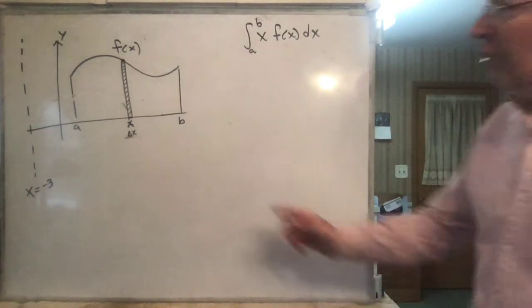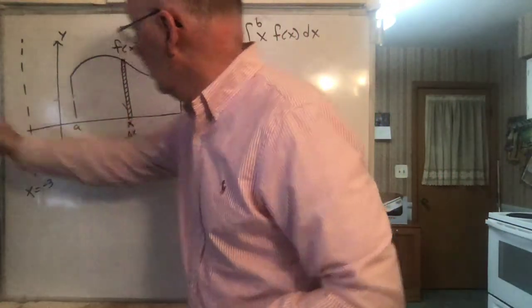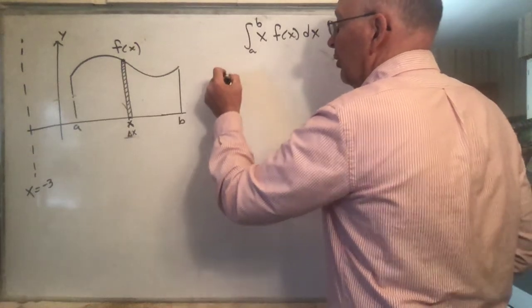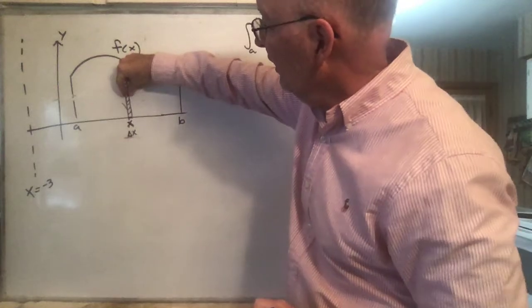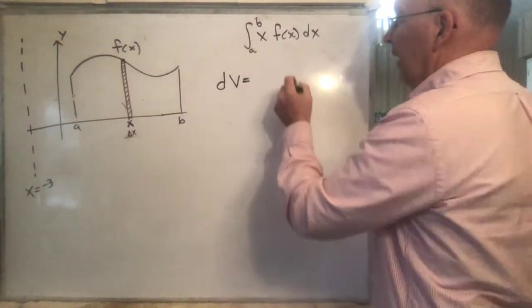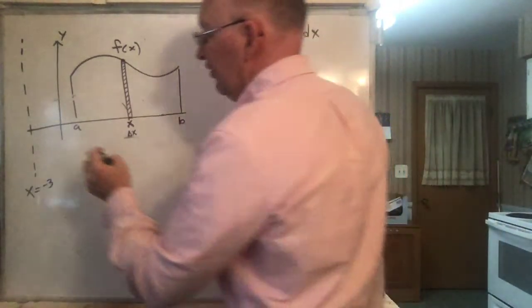Okay? So anyway, let's go back to this now again. Here we go. We want to go all the way around. So let's think of what a little volume is going to be, a little dV. What's the volume that you're going to get by taking this region here all the way around? It's going to be the height of it, which is f of x. It's going to be the distance around.